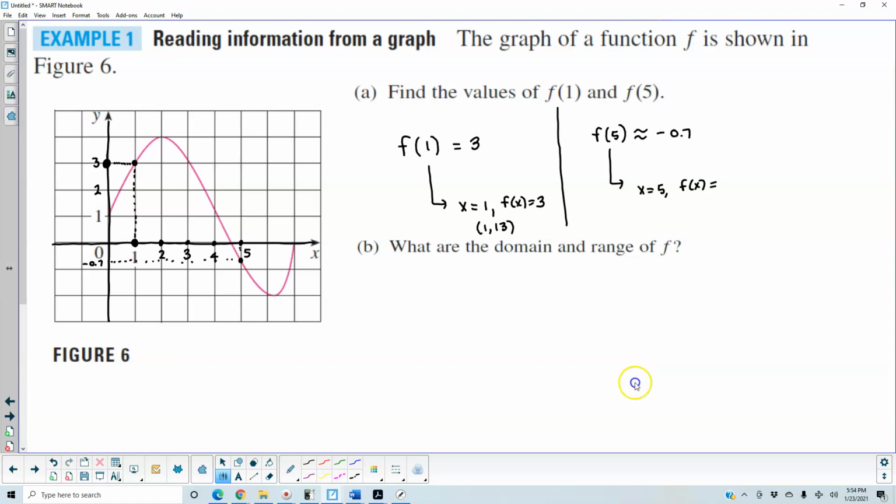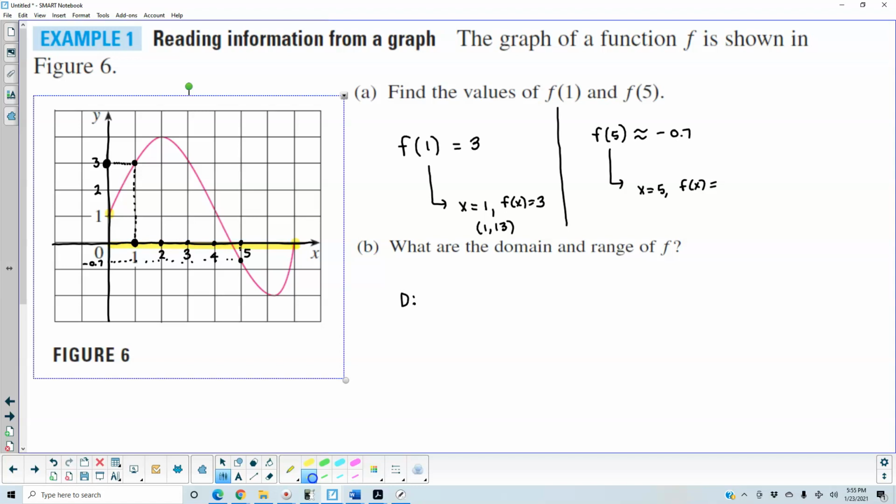Okay, next in part B, what are the domain and the range of the function? What is the domain of the function? We're going to abbreviate it as D. The domain is all the values of x on the x-axis. The graph starts here and ends here, so along this x-axis is the graph, going this entire direction.